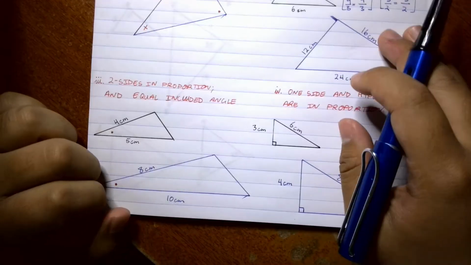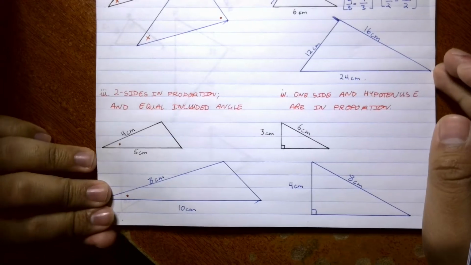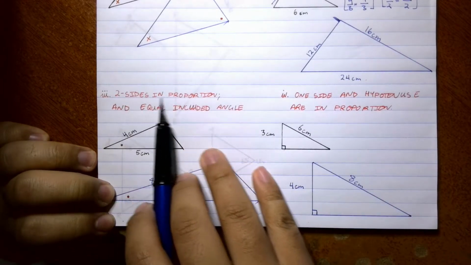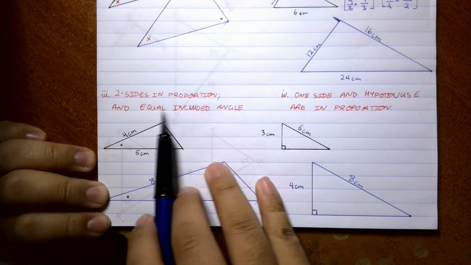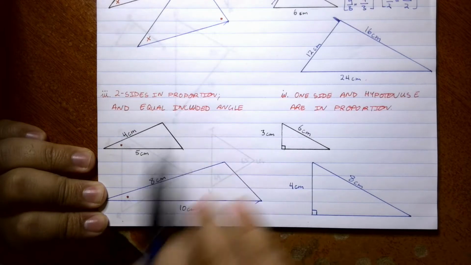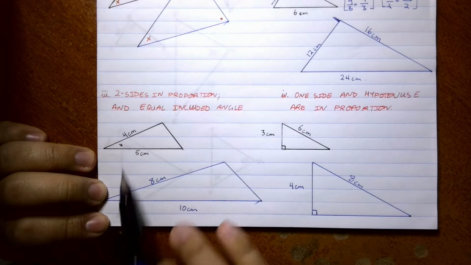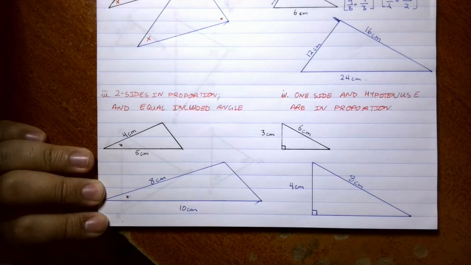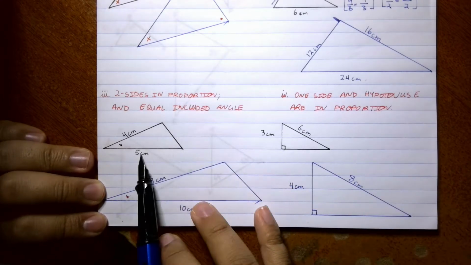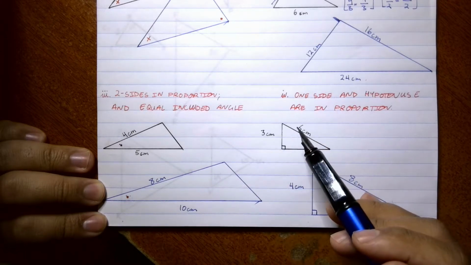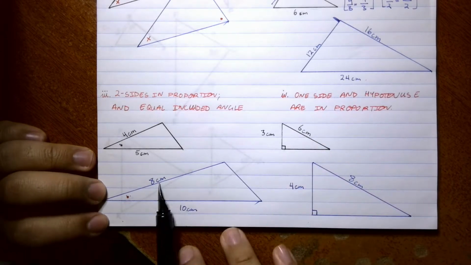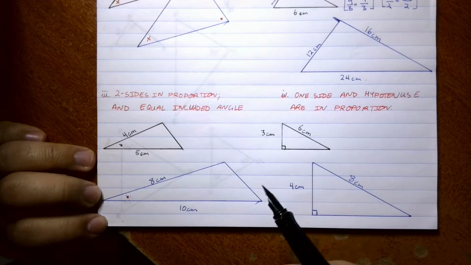The other two tests we have are, first, two sides are in proportion and an equal included angle. Included angle means the angle between the two sides that are in proportion. So if you were to do 5 over 4 and test it with 10 over 8, it'll be the same.